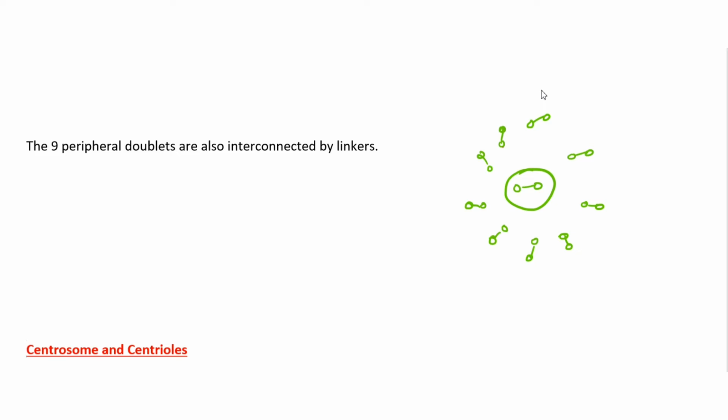There are 9 peripheral doublets, and these are connected to one another by structures known as linkers. These linkers are known as the AB linkers. You see in the peripheral doublets there are two segments, A and B, and the linkers emerge from A to B.